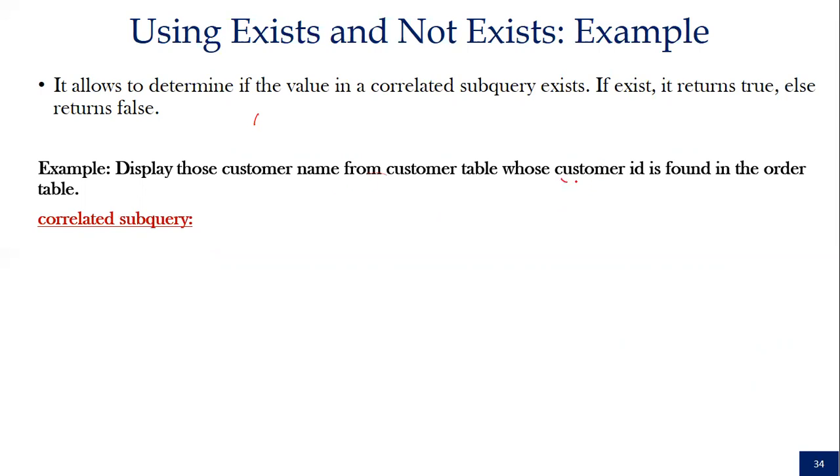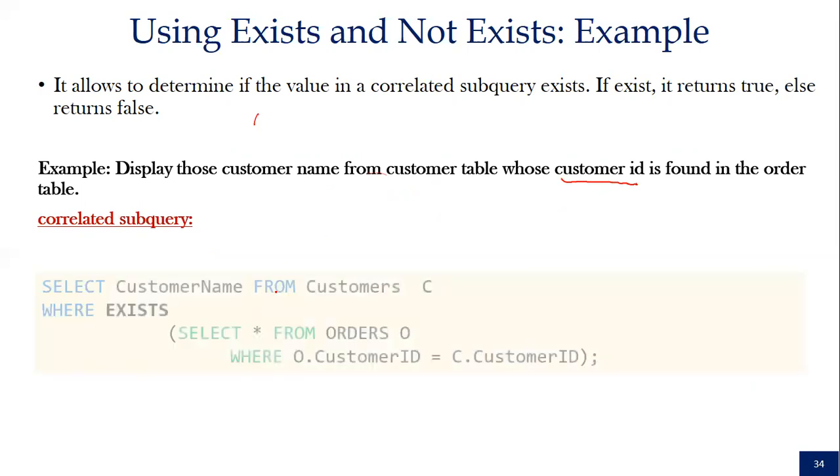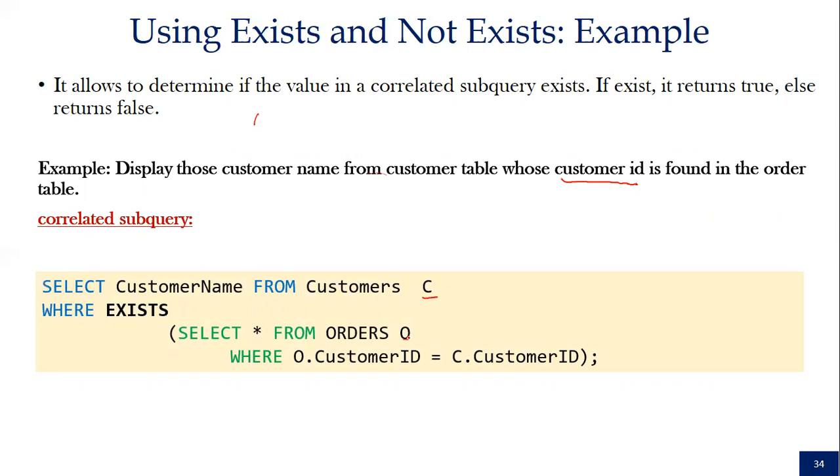We are checking order dot customer ID equals customer dot customer ID. Is that okay now? Yes, sir. Okay. If we alias customer as C and order as O, then we write O dot customer ID equals C dot customer ID. Okay now?